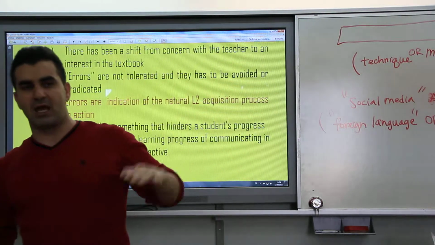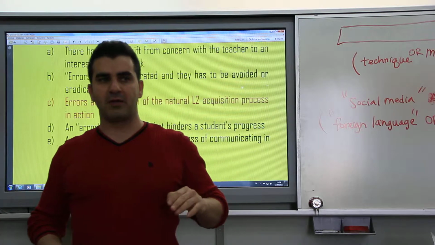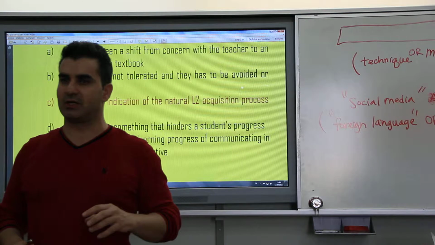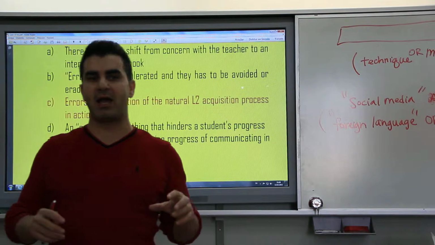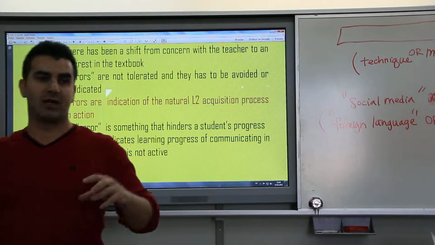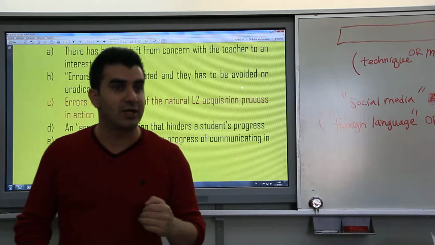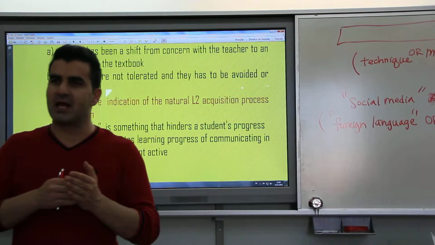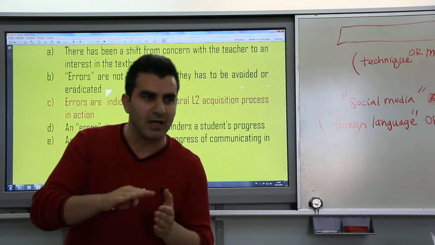If you make a mistake and it is spotted by another interlocutor and you're corrected, that is something good. Because if your mistake is corrected, then you have fewer mistakes.